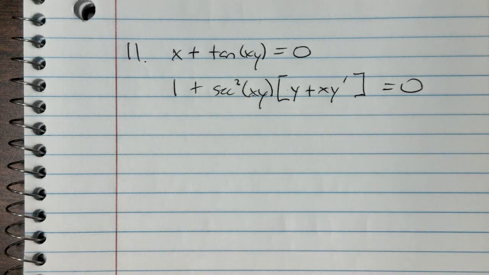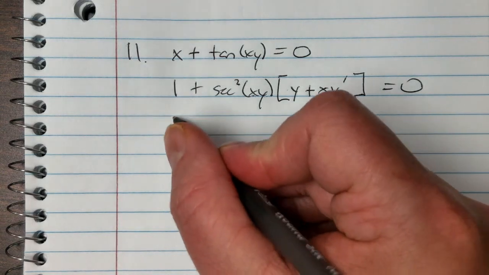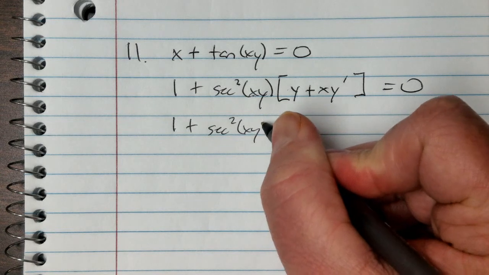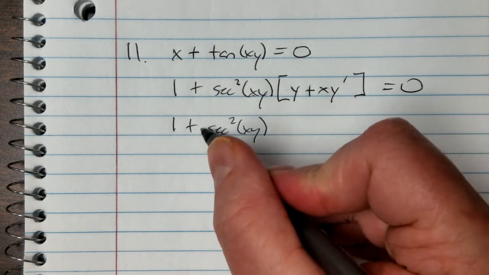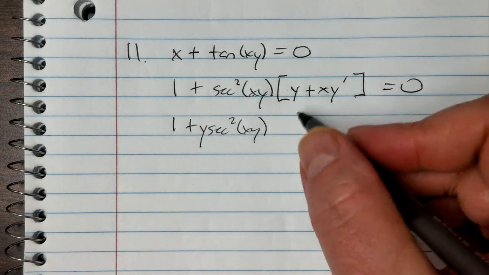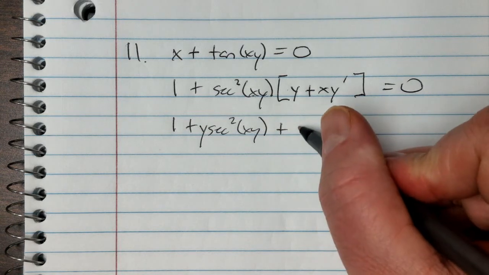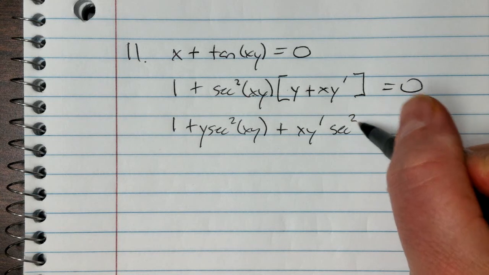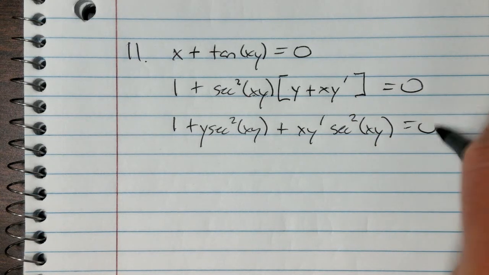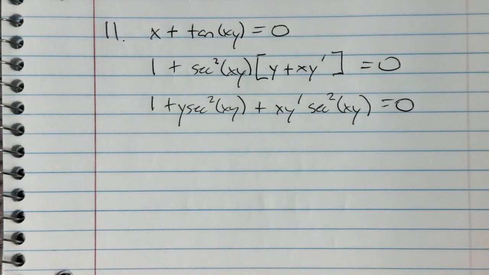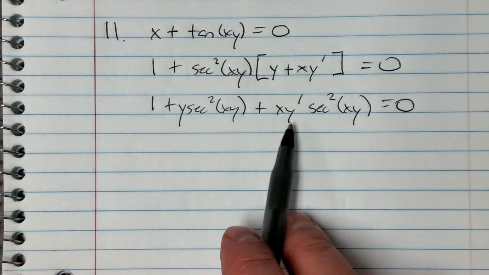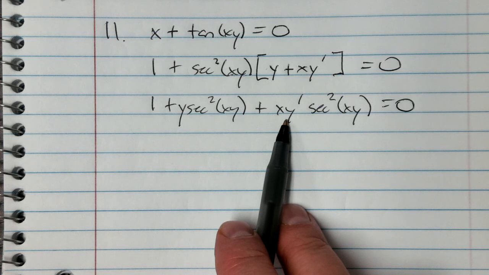So let's just do an extra step. Stick a y in front of this. Okay, so basically we're distributing those, and now keep this one where it is.